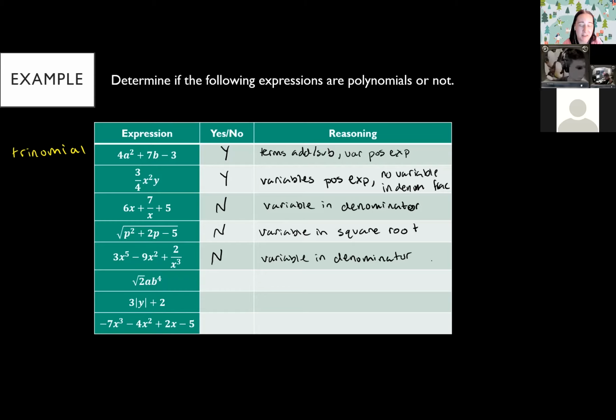This was a really tricky one, and I expected you guys to get it wrong. This is a polynomial for that exact reason. The variables are outside of the square root, so it's okay. So you can have polynomials with square roots with numbers, just not variables. So the variables are outside the square root.